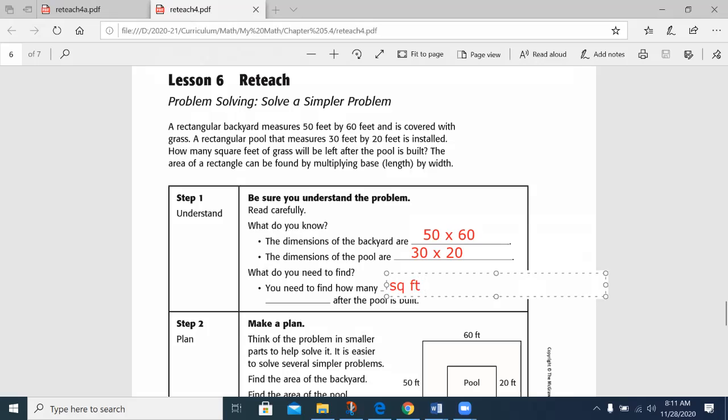How many square feet of grass are left? So go ahead and write that in there. This now sets us up to get into the next part, the planning.